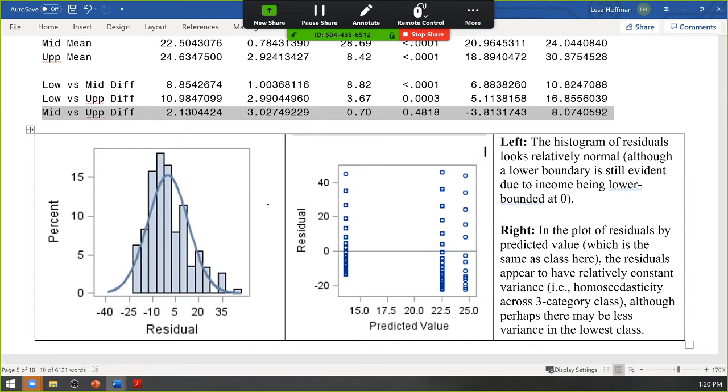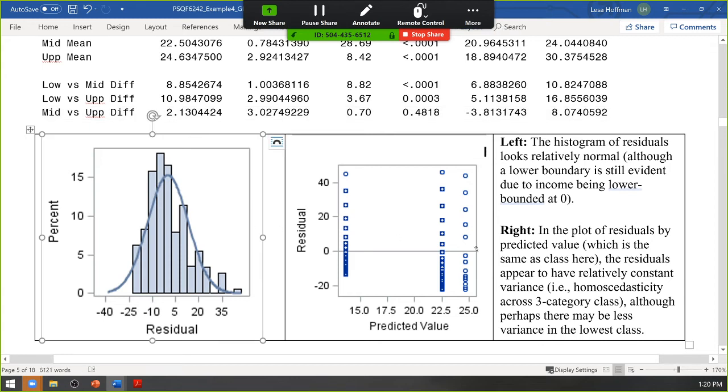So if they really made more money than what the model said, their residual will be positive. If they really made less money, their residual is negative. So this picture right here is a distribution of those residuals. It's more normal than the outcome started out to begin with.